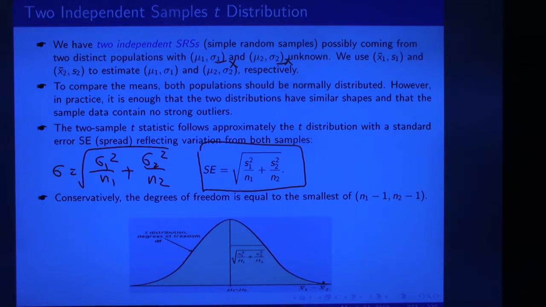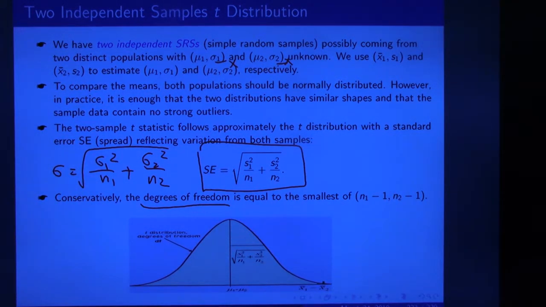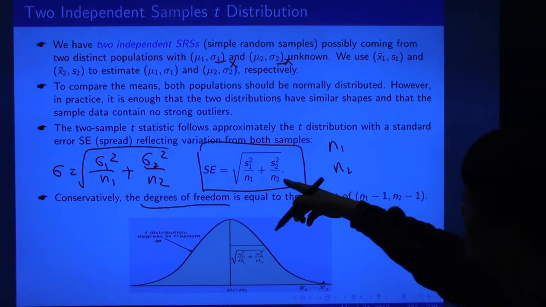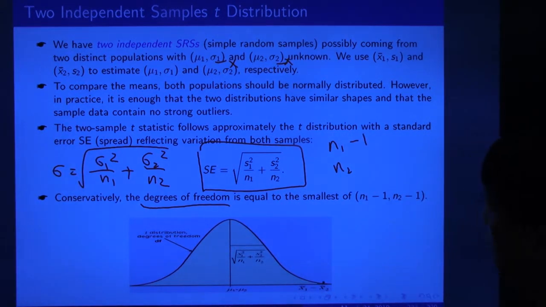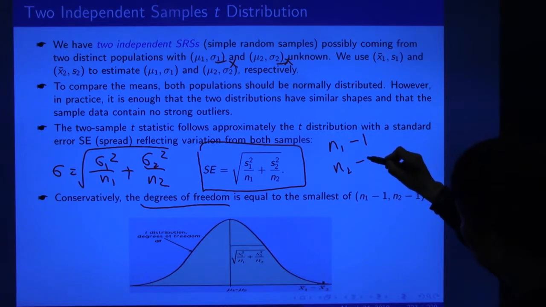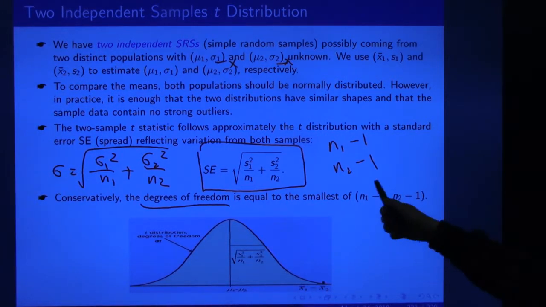When we study t-test, we need to consider another parameter called degree of freedom. Because we have two samples here, we have N1 and we have N2. So the degree of freedom for the first sample equals N1 minus 1. The degree of freedom for the second sample is N2 minus 1. It is not necessary that N1 equals N2.